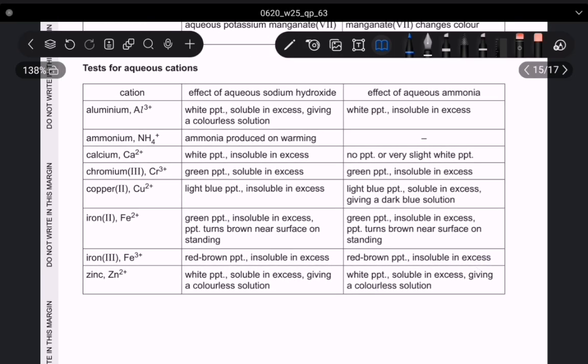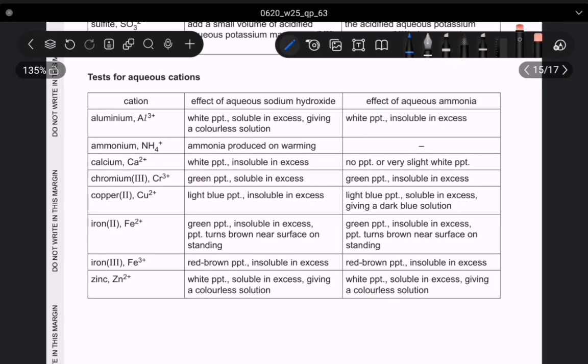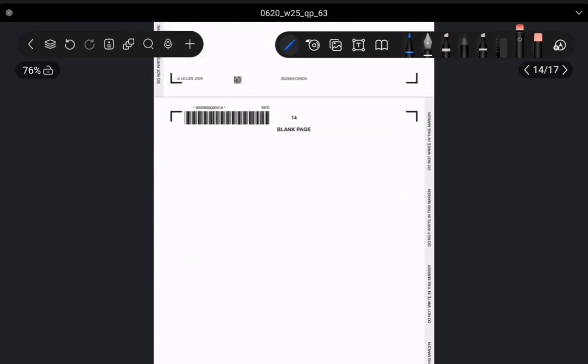If we add aqueous ammonia to iron, it's going to give us a red-brown precipitate, which is insoluble in excess. This is the answer you're going to write.